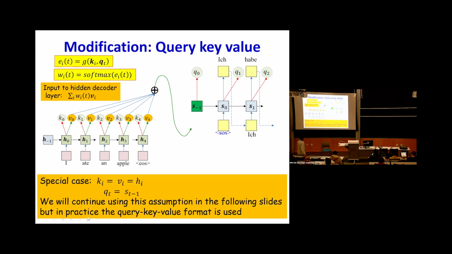In the examples that I've used so far, we didn't actually show this decomposition, so we just assume that the keys and the values are the same and the query is the hidden state itself. I'm going to continue using this illustration for much of the remaining slides, but you must always remember that this additional step is often implemented and it makes sense, right? Intuitively, it does make sense.